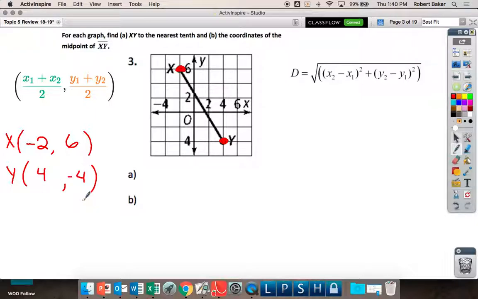So if I want to do the midpoint formula, I got to use the same formula. Add my x's together. This is x1, y1, x2, y2. Add these two numbers together: negative 2 plus 4. Add my y's together: 6 plus negative 4.